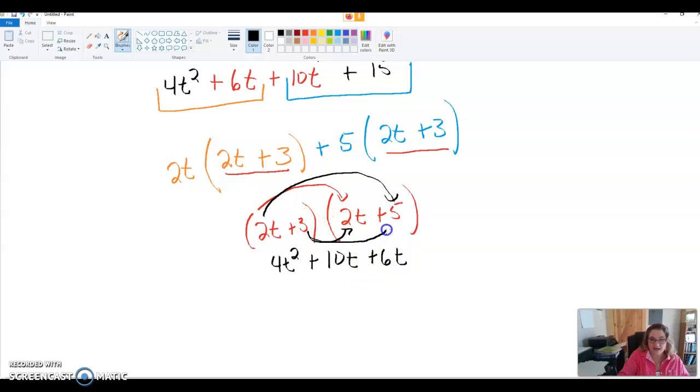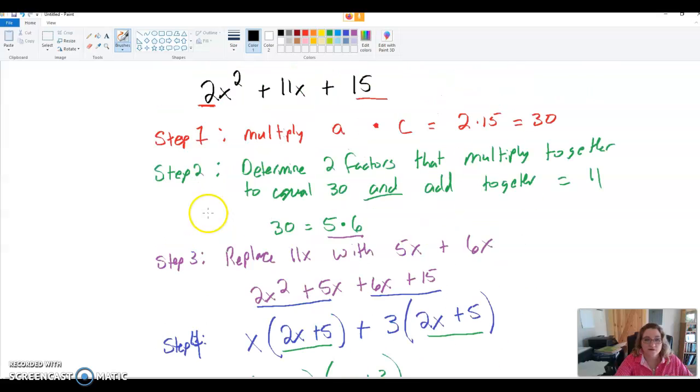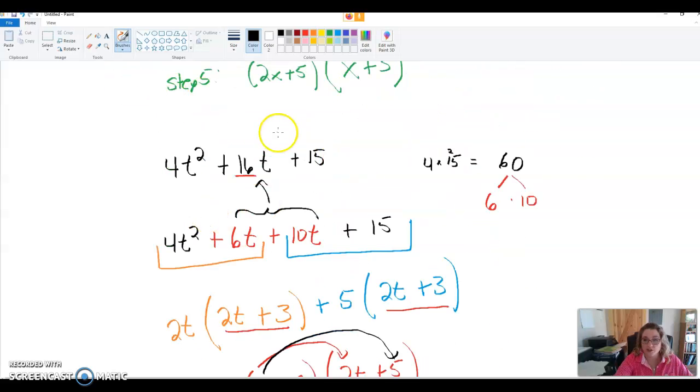And my smiley face again, 3 times 5 gives me a 15, so that gives me my plus 15. Combine my like terms, and I have 4t squared plus 16t plus 15. And yes, in fact, I did come back with the original problem.